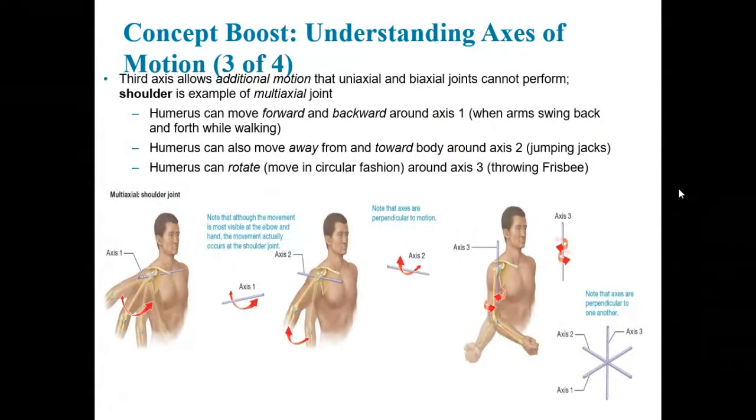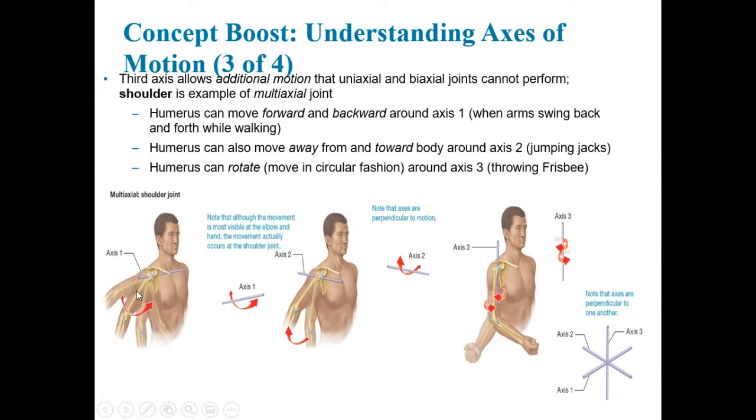Third is the one that occurs at the shoulder. This is a multi-axial type of joint, because it allows many types of movements, even more than the ones that I'm showing here. The first is essentially a hyperextension of the shoulder. You bring the arm to the back and forward.